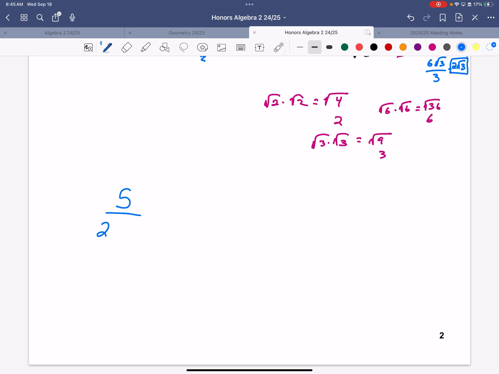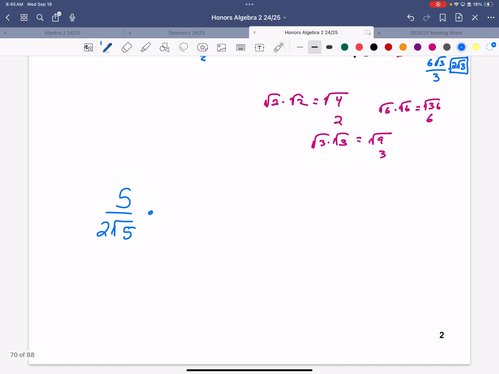Let's go 5 over 2 radical 5. We've got a radical in the denominator. It's not a perfect square, so we need to rationalize it. In order to rationalize it, we're going to multiply both the numerator and the denominator by the radical.